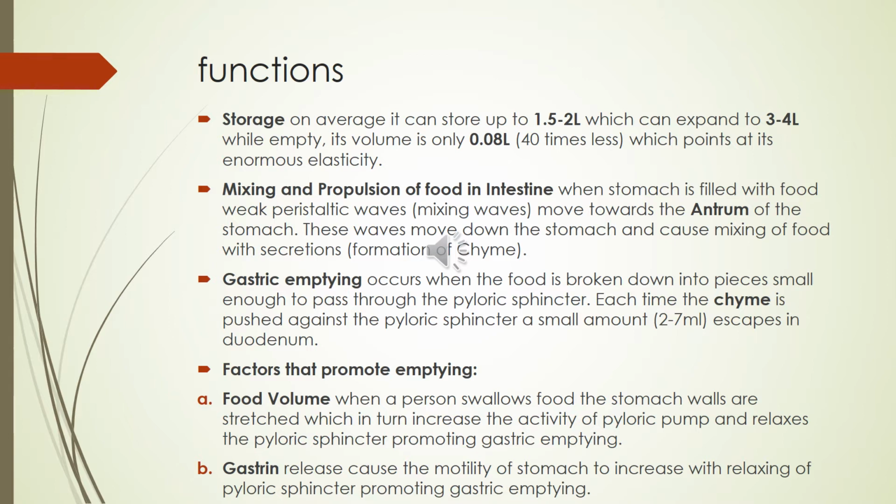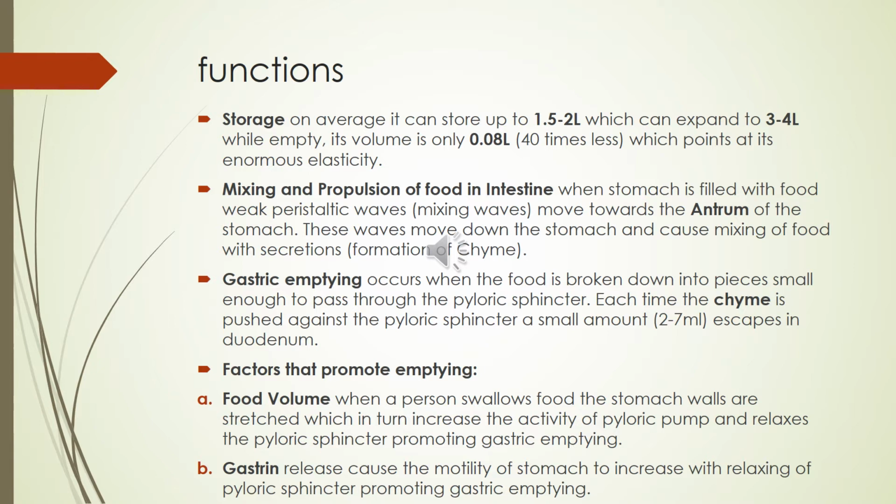Okay, and then the gastrin, which causes the motility of the stomach to increase with relaxing of the pyloric sphincter, promoting gastric emptying. What gastrin does is cause the motility of the stomach to increase with relaxing of the pyloric sphincter.